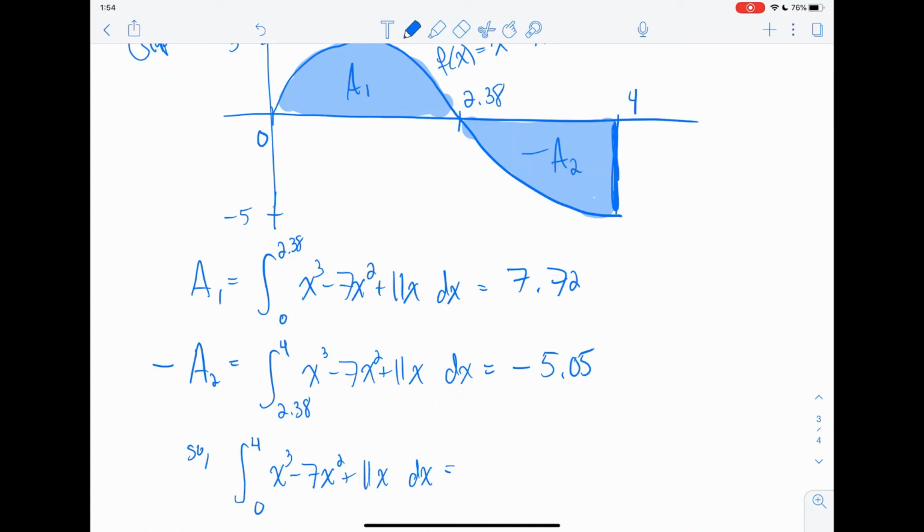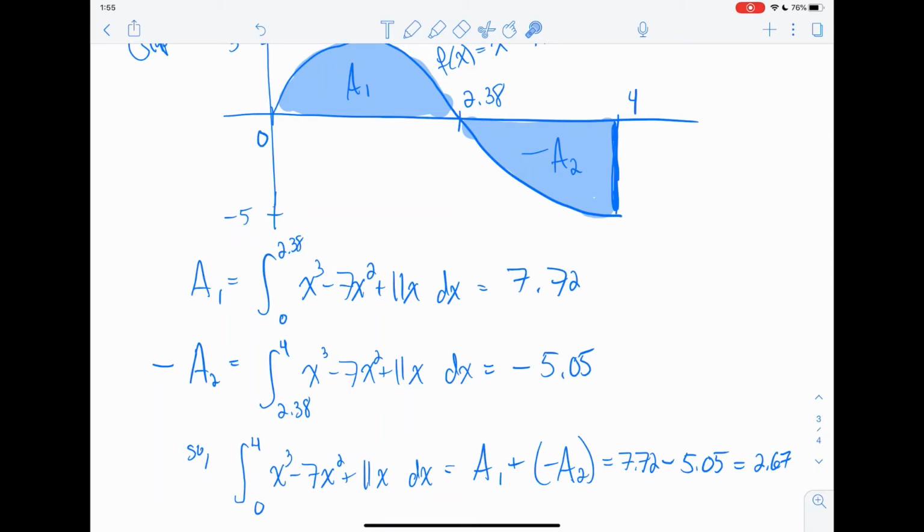So this is going to be equal to a1 plus negative a2, which is going to be 7.72 minus 5.05, which is 2.67. So here again, we're registering signed area, and we'll say that the area above the x-axis and the area beneath the x-axis are somehow canceling each other out.